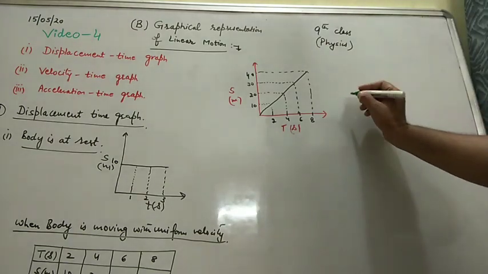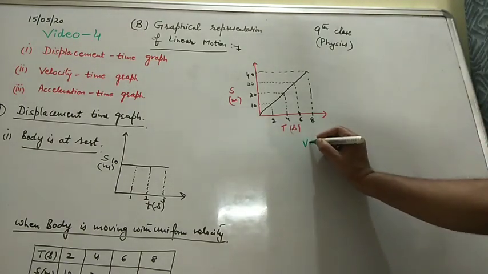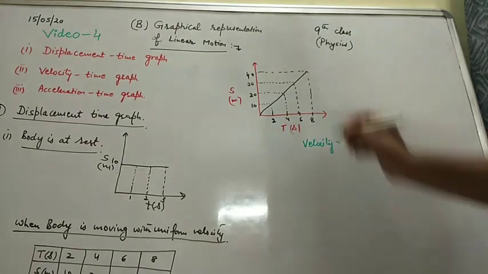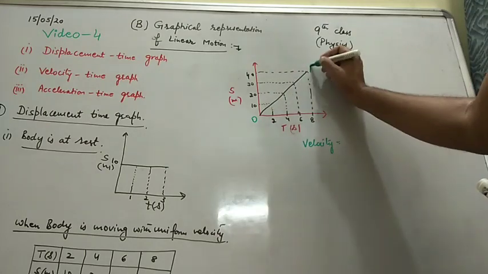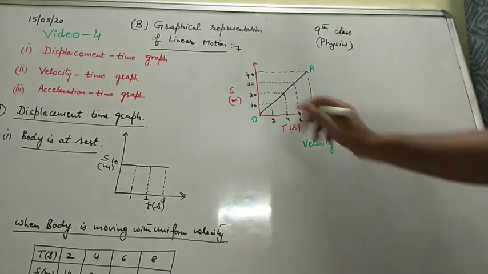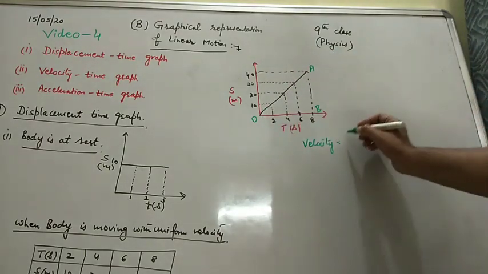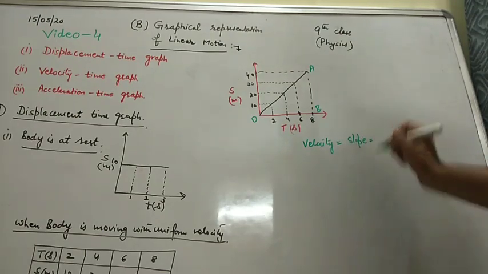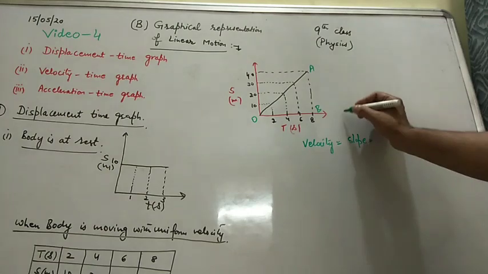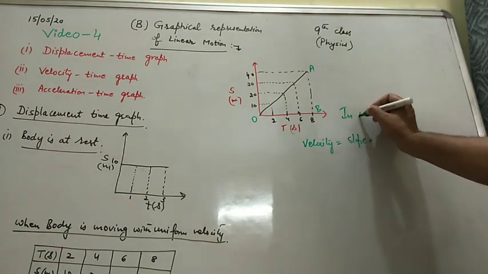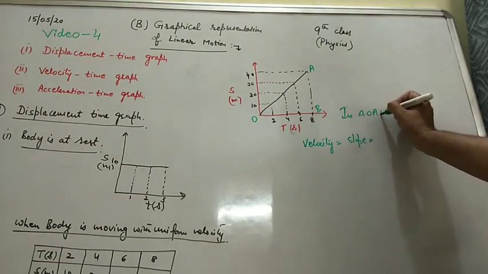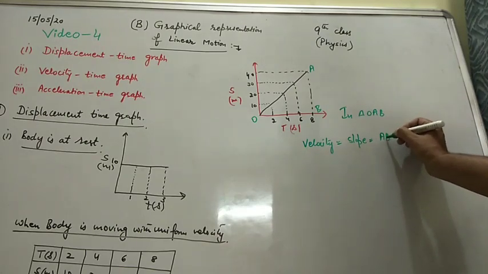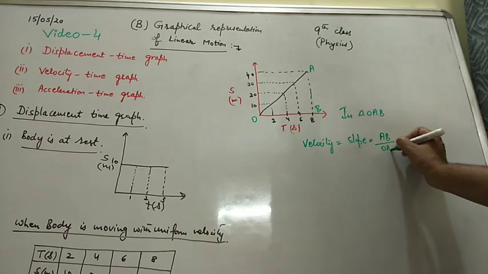And if I want to get velocity, take any triangle, you can name it OAB. So velocity we can get by finding the slope, and in this triangle OAB, slope is equal to perpendicular upon base.